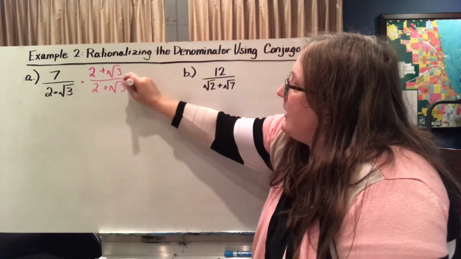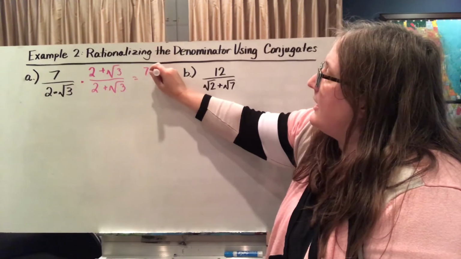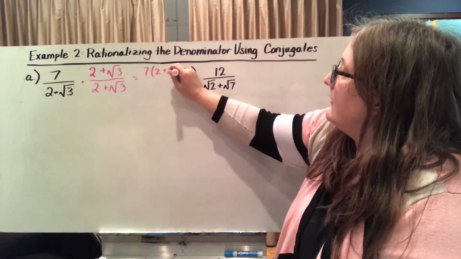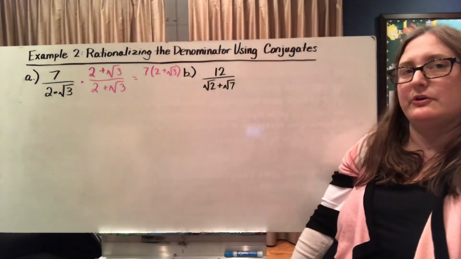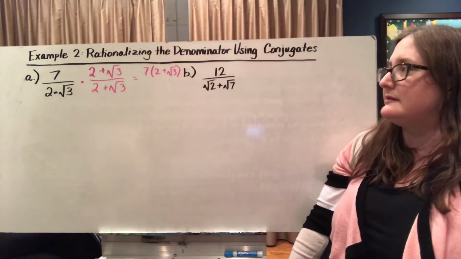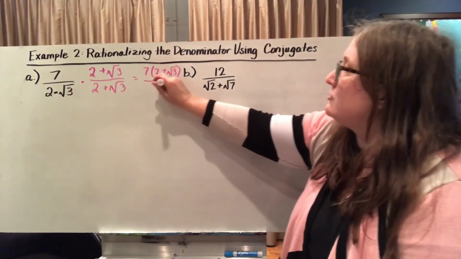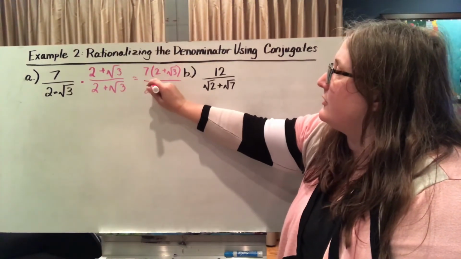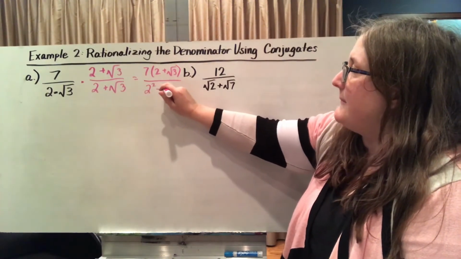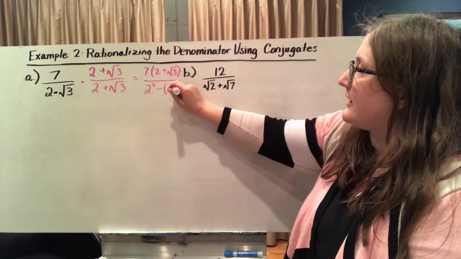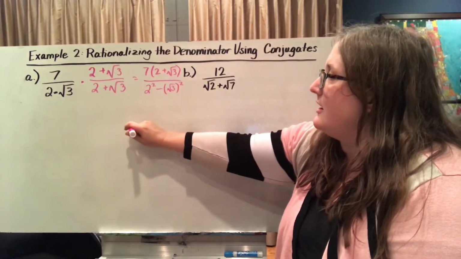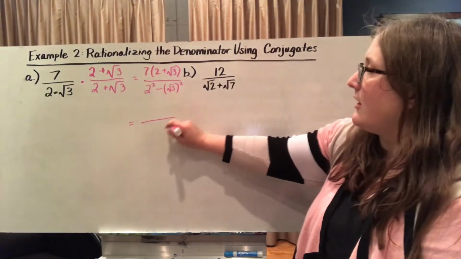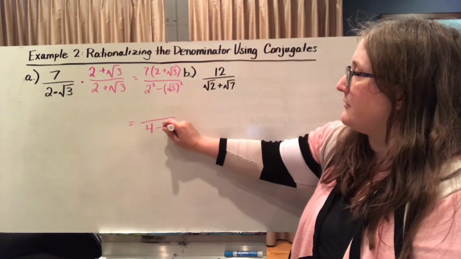Now the reason that I'm using this is because when I multiply these two binomials, and they're exactly the same except one is plus and one is minus, my shortcut is I'm basically squaring the first term minus the square of the second term. So basically, here in my denominator, I'm going to get 4 minus 3.